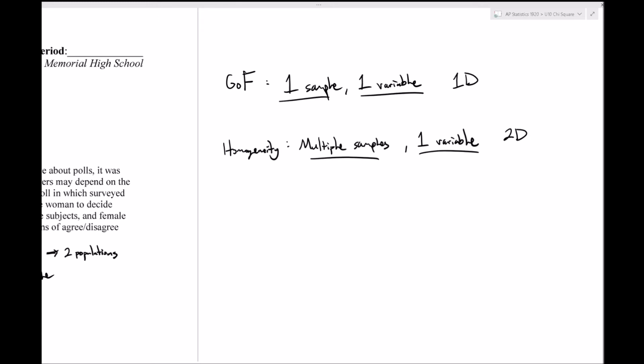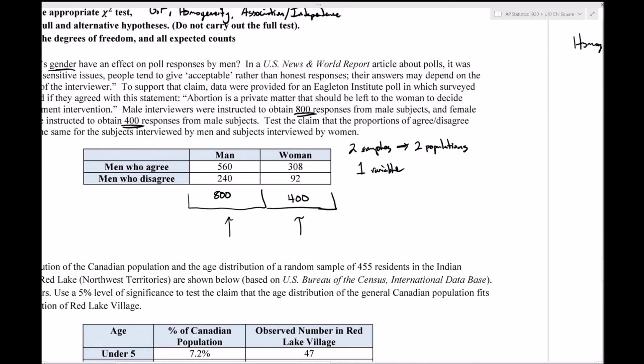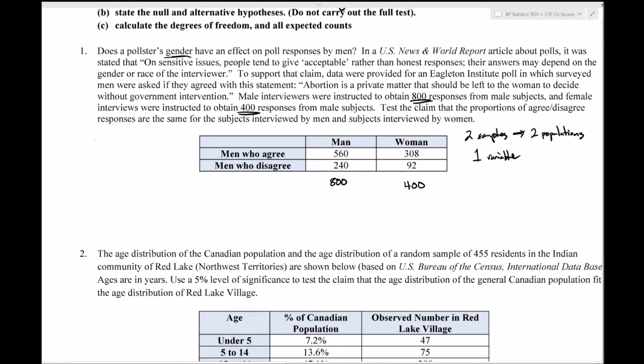We can also think of that as a variable, but in this case, these are separate samples. So instead of what category you fall under, it's what group of people you were sampled from. So this is a test for homogeneity. Two samples in this case, one variable. So chi-square test for, handwriting kind of bad, homogeneity.